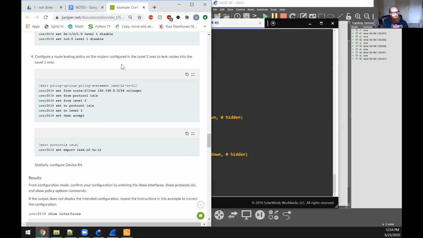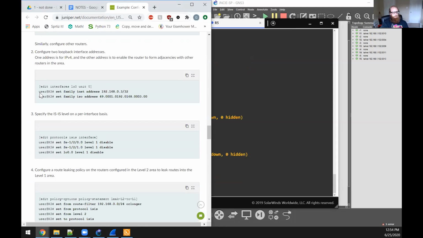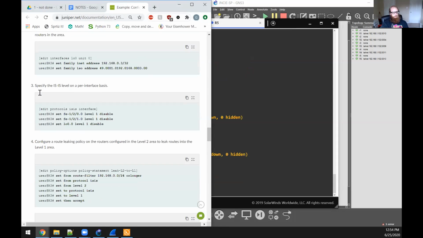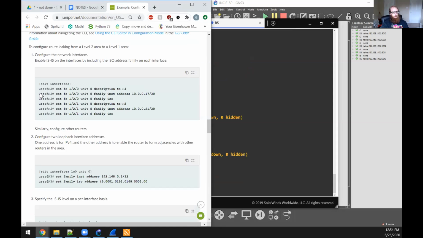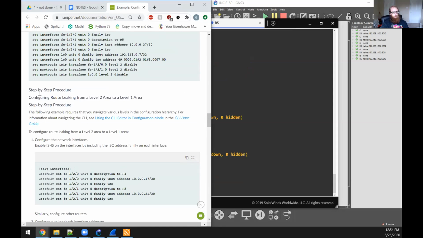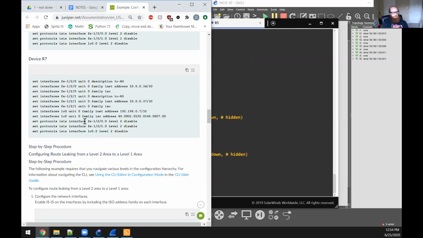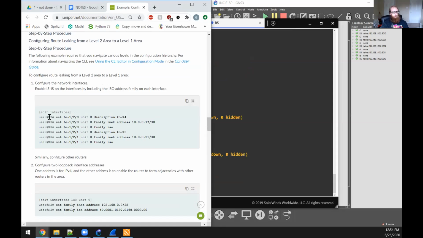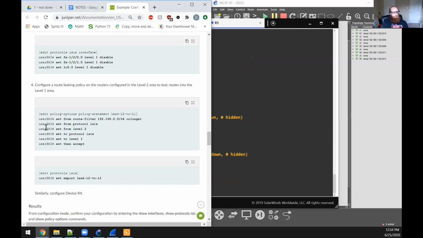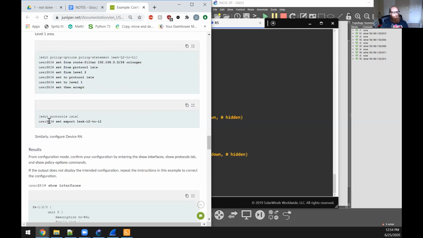And I really don't understand. Okay, so this is interesting. This is for router 3, and then it says similarly configure device 4.